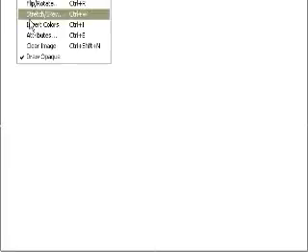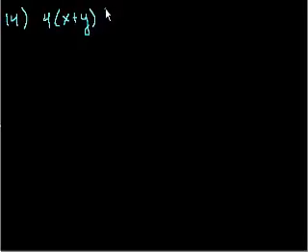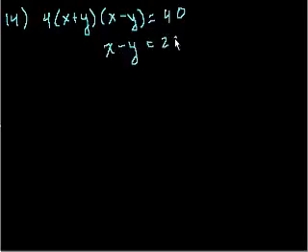I'll do it in a new color so we don't get bored. 14. If 4 times (x plus y) times (x minus y) is equal to 40, and we also know that x minus y is equal to 20, what is the value of x plus y?